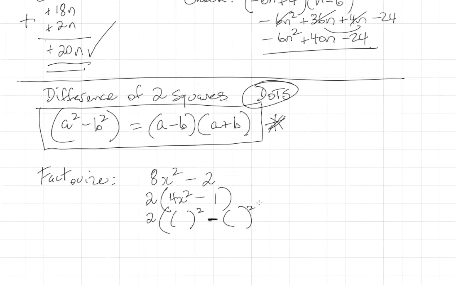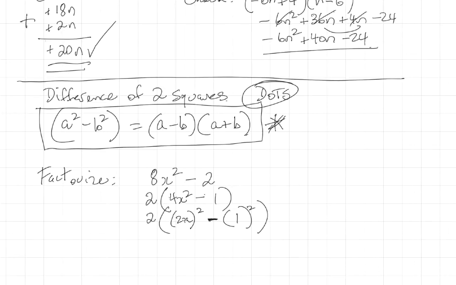So we can write it as something squared minus something squared. What have you got to square to get 4x squared? 2x. What have you got to square to get 1? 1. So that's exactly the same. I've just written it in a different form. 2x all squared minus 1 all squared is the same as 4x squared minus 1.